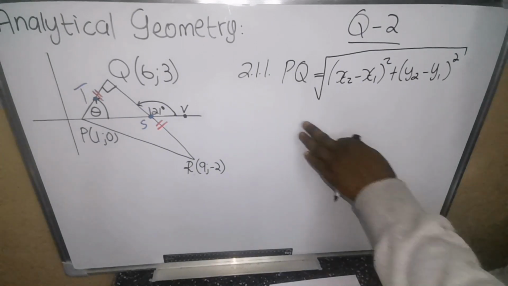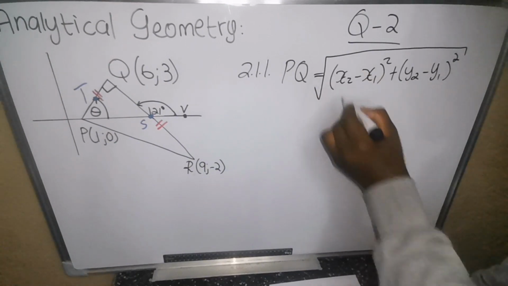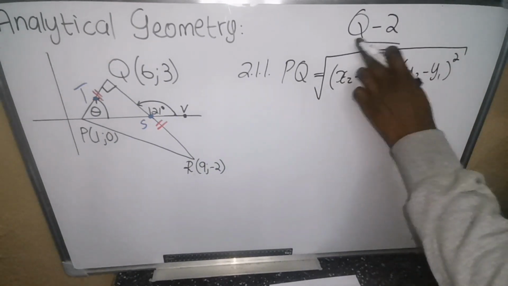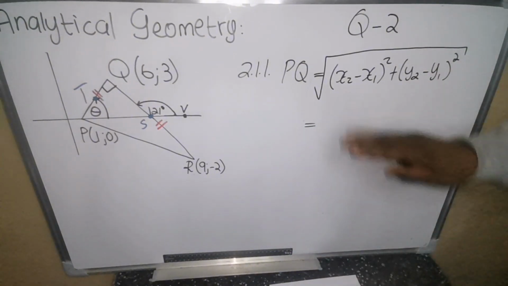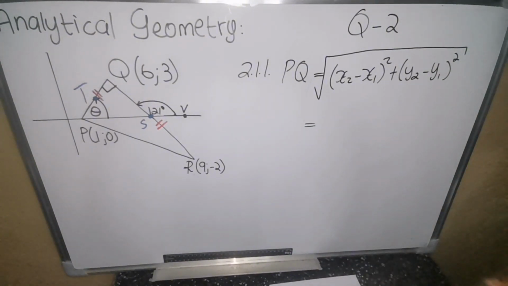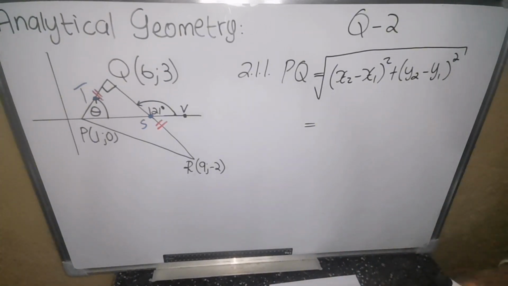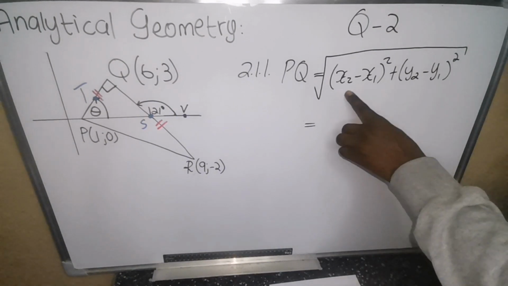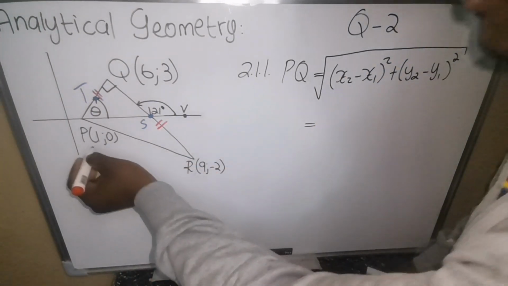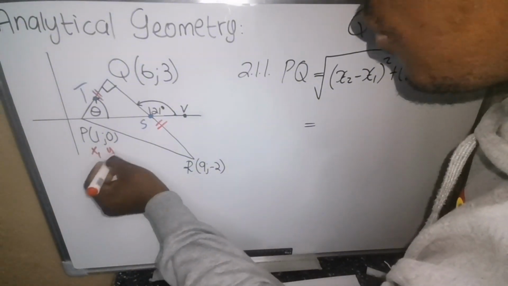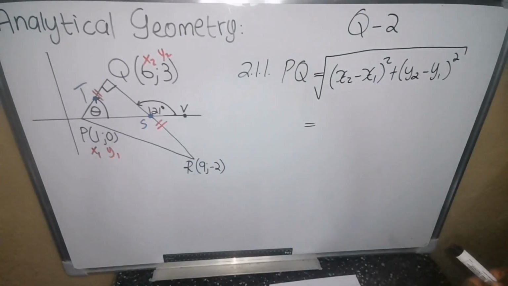So I'd suggest you just write the square root as it is and go through to the final answer. Then just substitute the coordinates of P and Q. You can literally label your points in terms of x1, y1, x2, y2, and substitute in the equation.